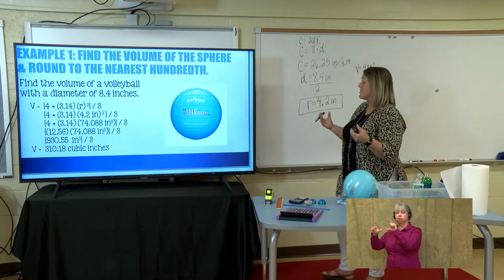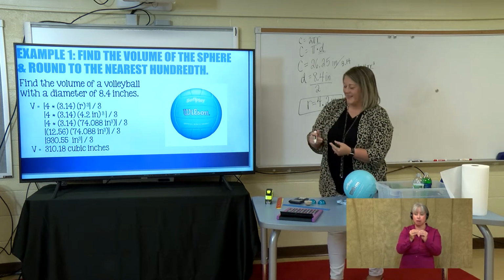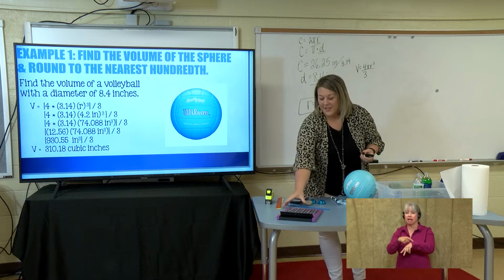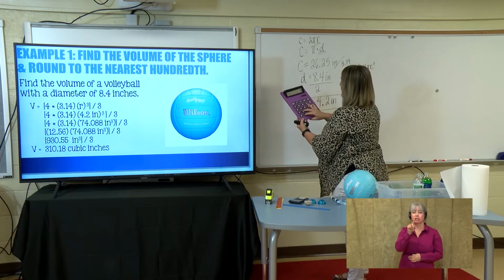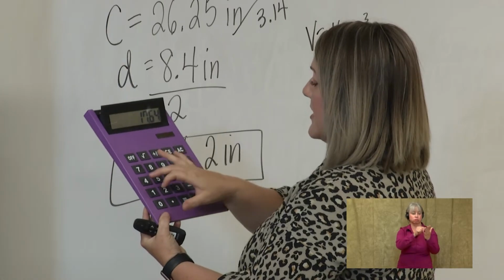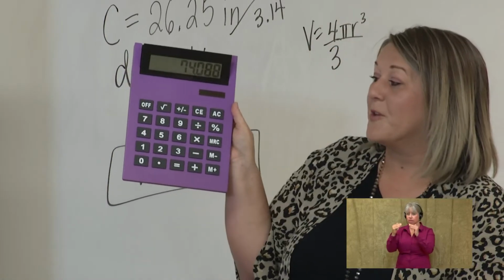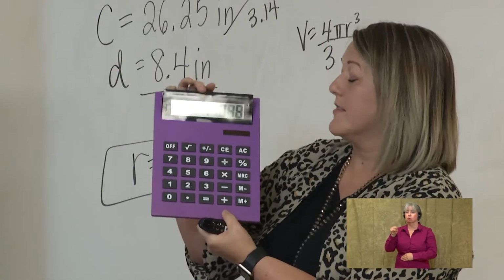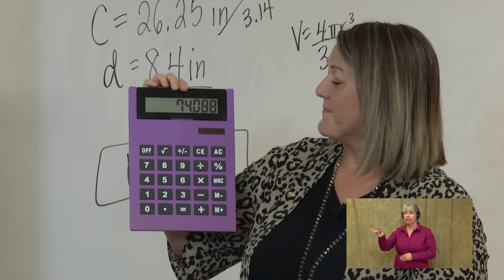We've got to cube it, which means we have to multiply it 3 times, okay? And then, I'm going to do that on a calculator for you. So we need to do 4.2 times 4.2 times 4.2. And we should get 74.088, okay?